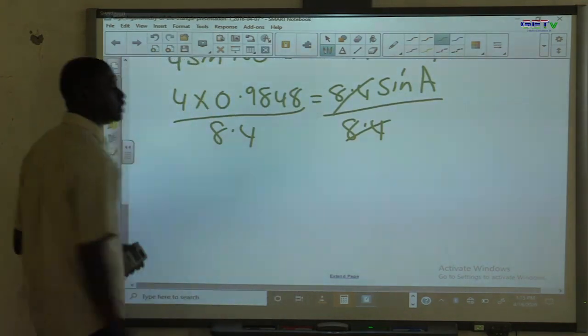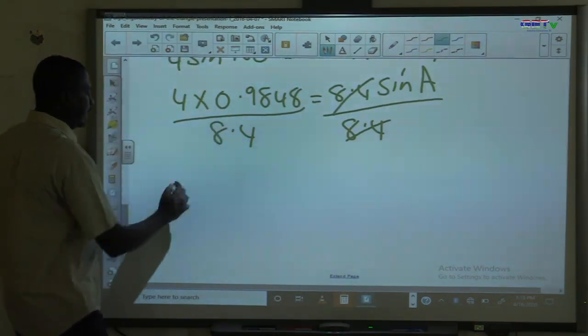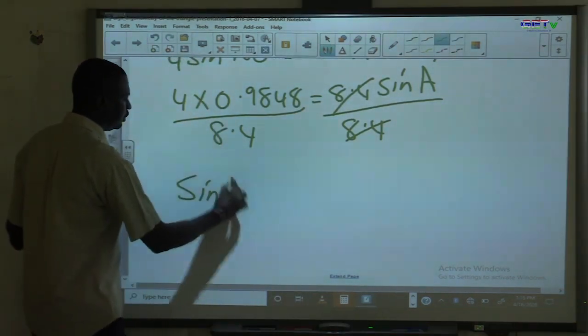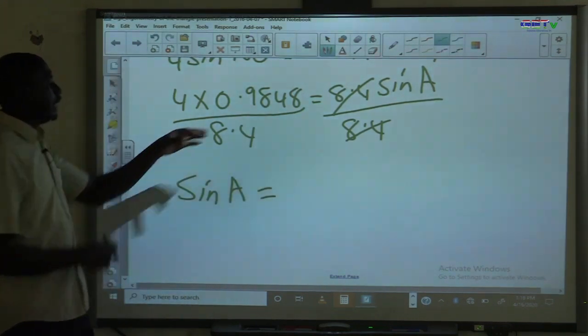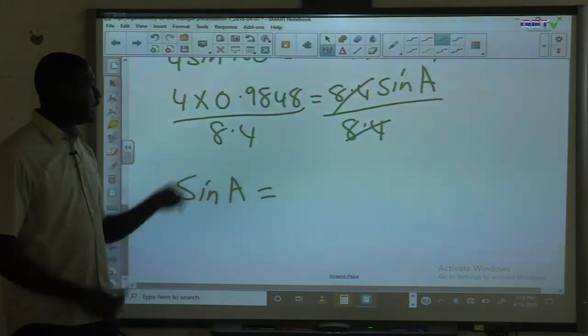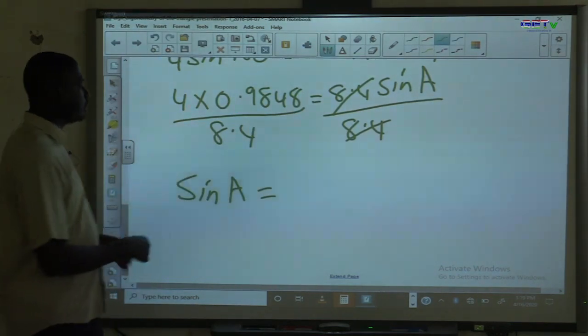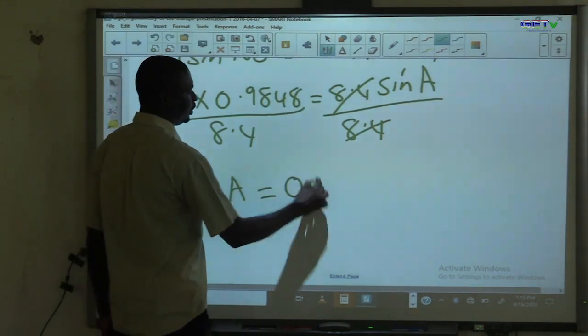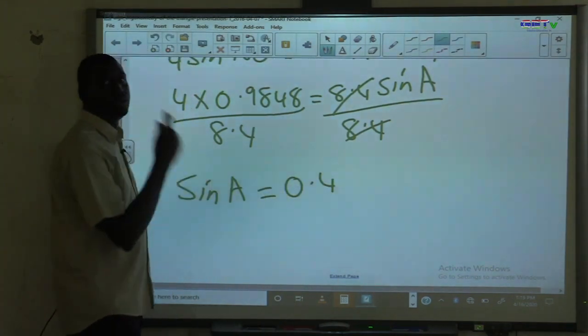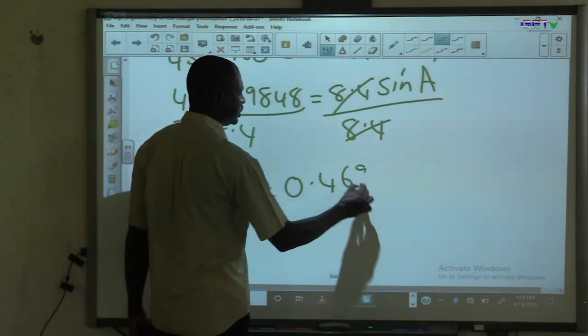So at the end we'll get our sine A. So sine A is equal to 4 times 0.9848 divided by 8.4, which will give us approximately 0.4690.